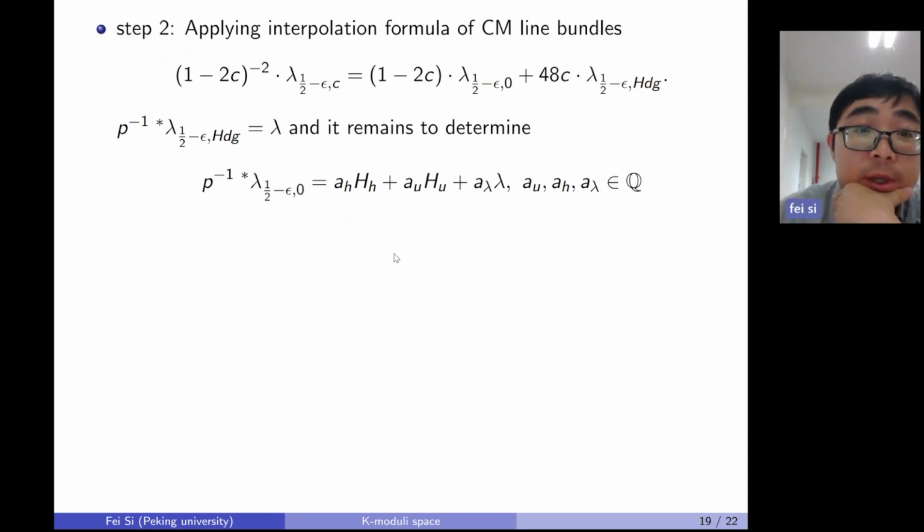The second step is to apply the interpolation formulas of CM line bundles. Recall that we have a formula for this CM line bundle. Here, C is an arbitrary coefficient in the following range. That is, C is bigger than 0 and smaller than 1/2.